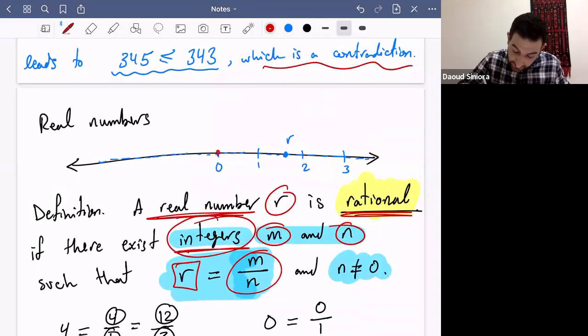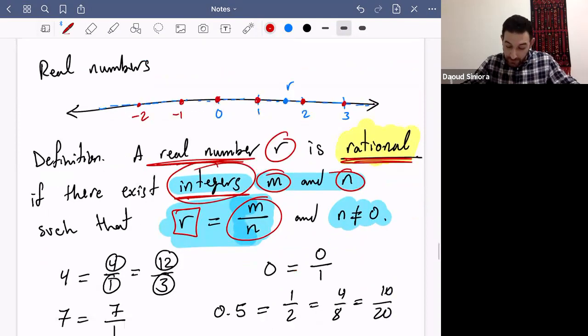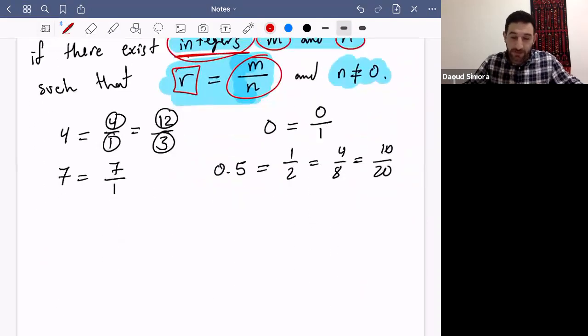And see, the integers live inside the real numbers.